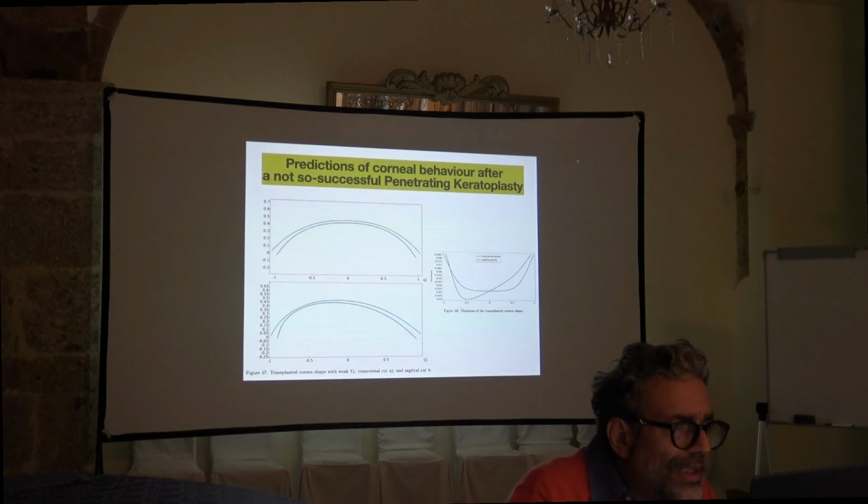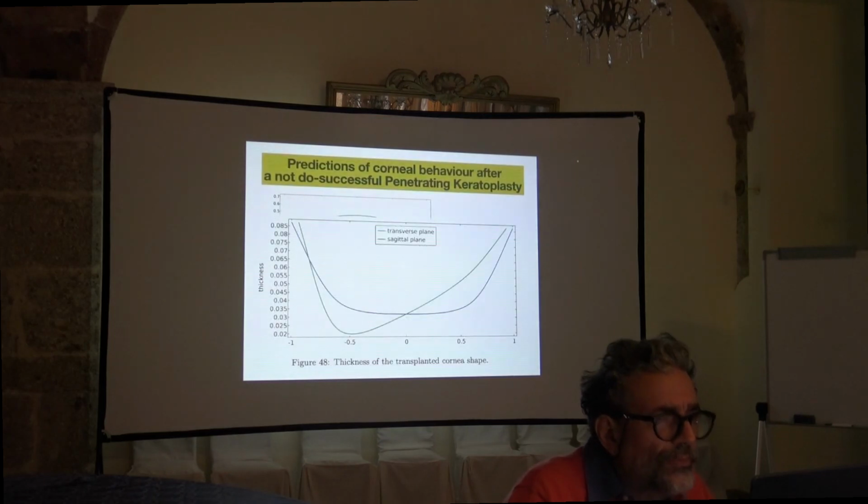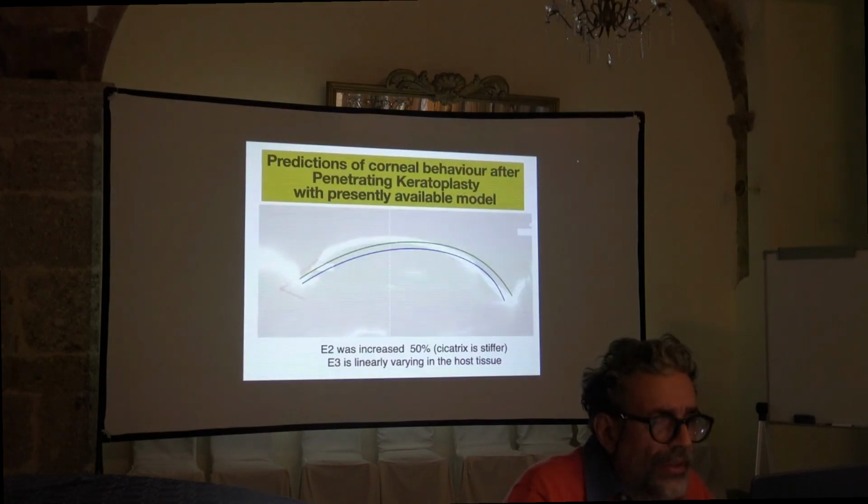And you can see the effect of becoming thinner in some part of the cornea. The thickness became very thin. And these are the forecast thicknesses in the transverse and sagittal plane.